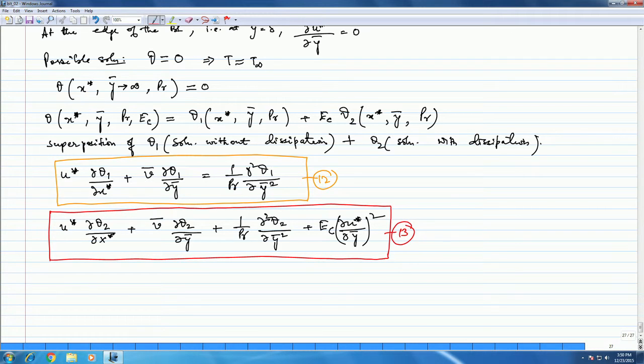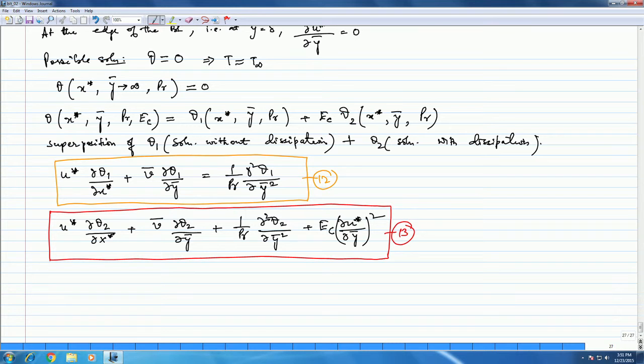This is a linear equation, so it is not a problem. If I want to solve that, all I need to do is add back the dissipation term. So, it breaks down to 12 and 13, and you can see that this is an easier equation to solve than the equation we started with, which was 1 and 2.